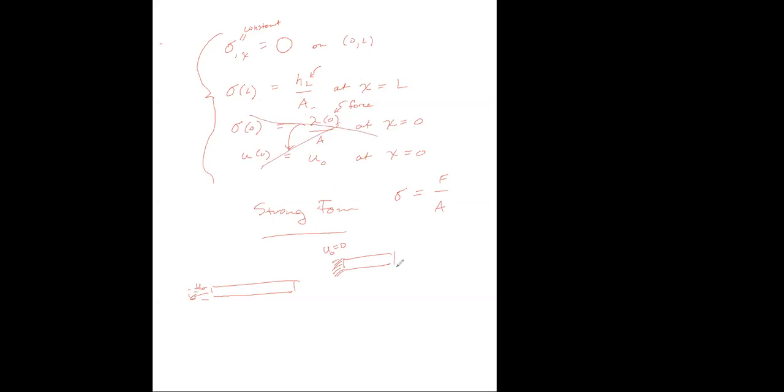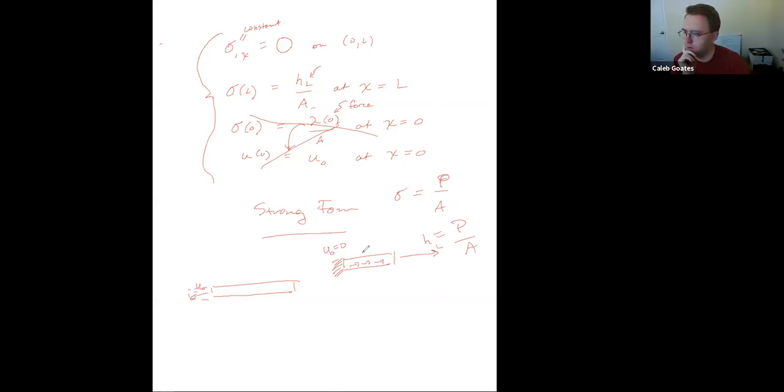And then you apply H sub L. Often the strength of materials text will call this P, P over A. The classic sigma is equal to F over A or P over A or whatever. But that is nothing more than this more general equation where you've assumed that there's no body force being applied to the beam.